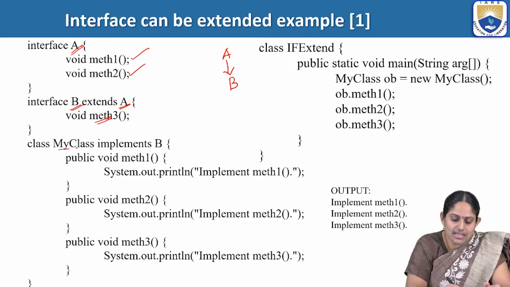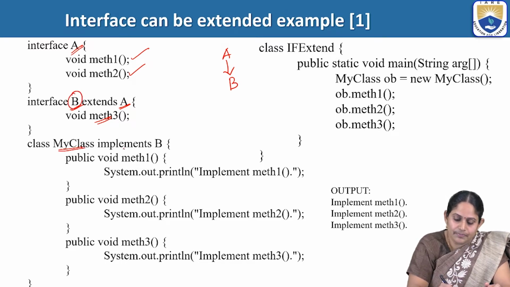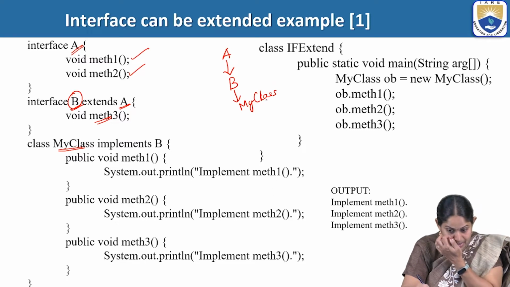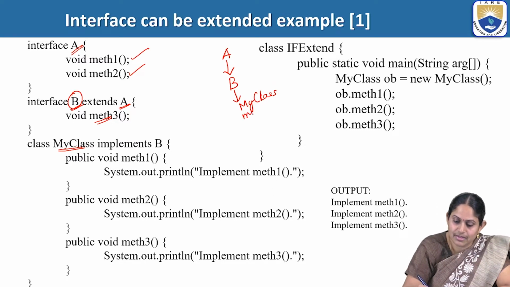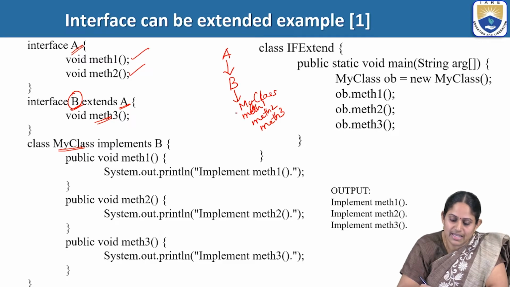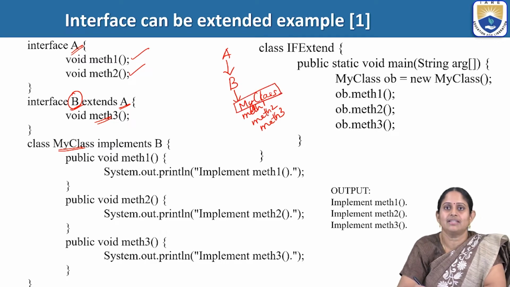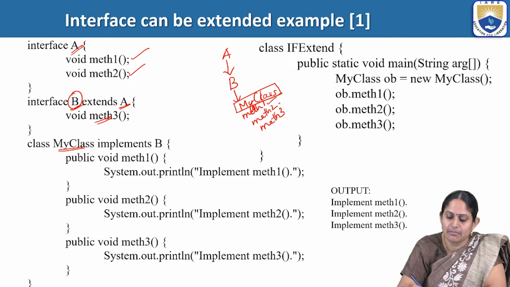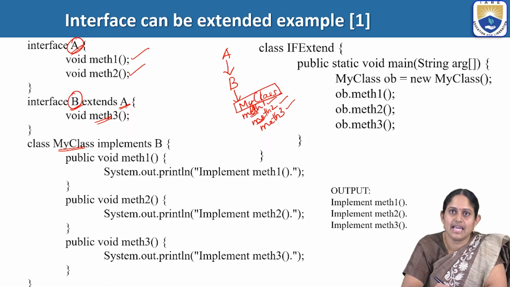Now we have a class, MyClass, which implements the interface B. This MyClass can access the methods meth1, meth2 and meth3, so it has to provide the implementation for all three, wherein meth1 and meth2 are obtained from interface A and meth3 from interface B.